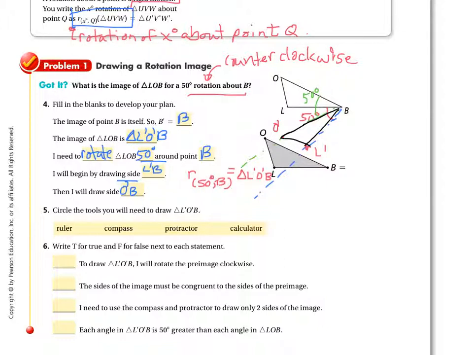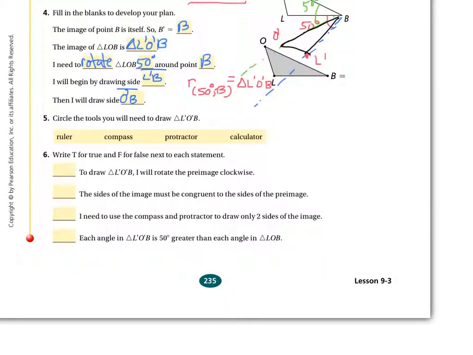All right, so we're going to circle the tools that we just used. What tools did we use to draw L prime, O prime, B prime? Compass and a protractor. A ruler, we don't really need one because you've got a straight edge on your protractor, or even on the compass that we were using, right? Okay, so write true or false.